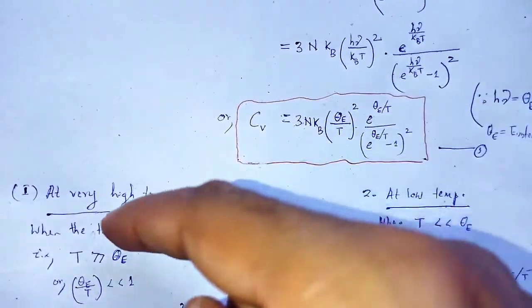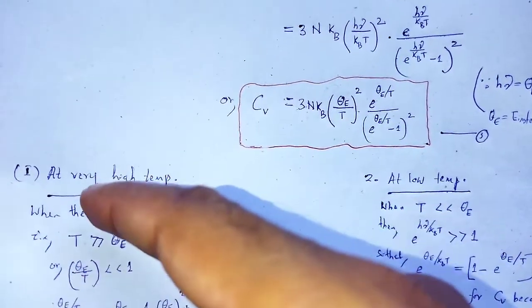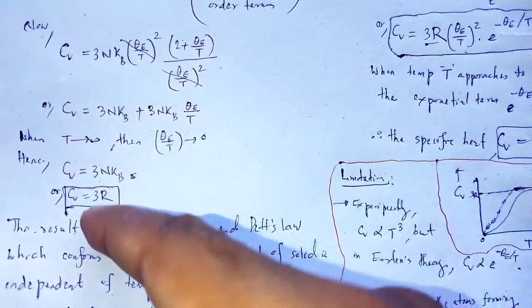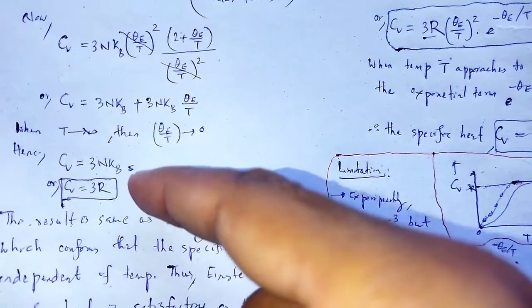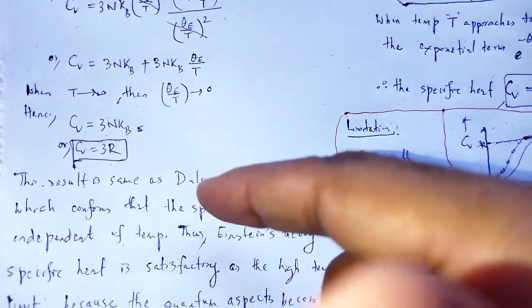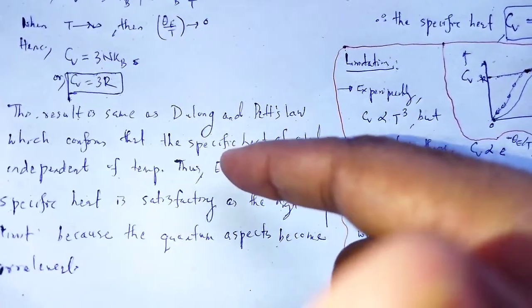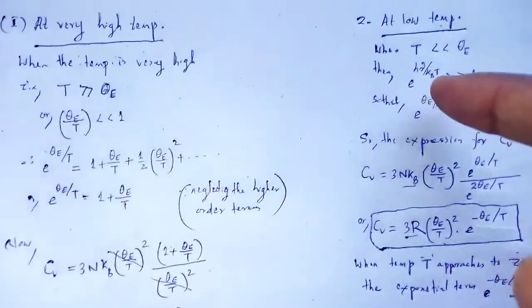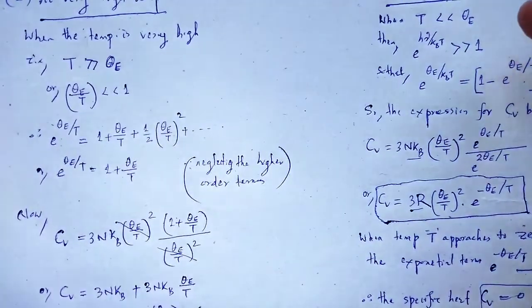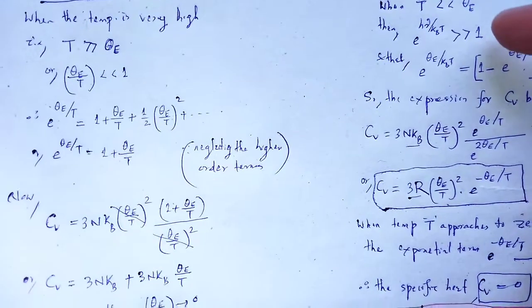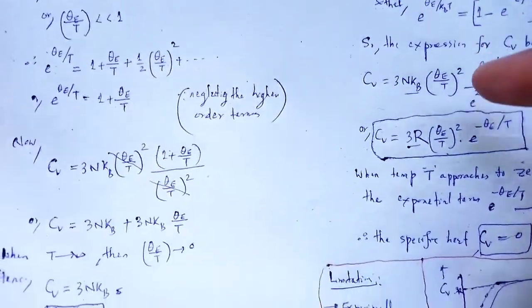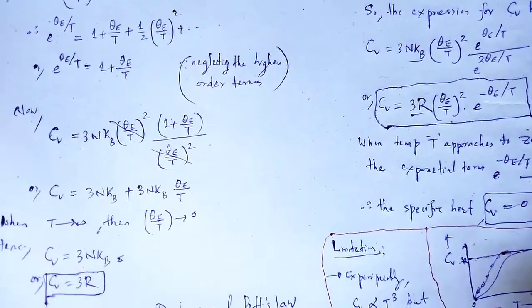From Cv we show that at very high temperature Cv is equal to 3R, which is same as Dulong and Petit's expectation. Next, at low temperature, that can't be explained by Dulong and Petit's law, but it is explained by using Einstein's theory of specific heat in solids, Cv will be 0.